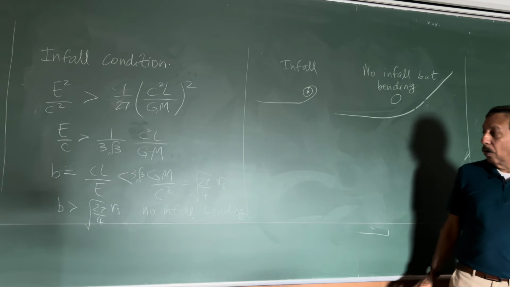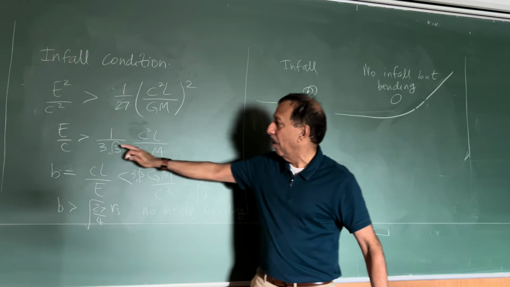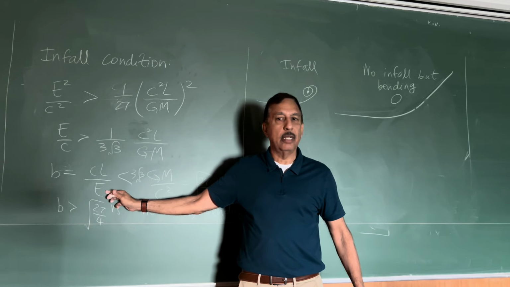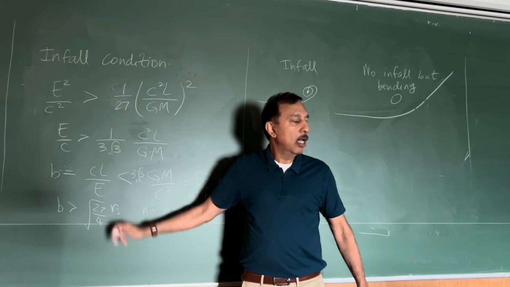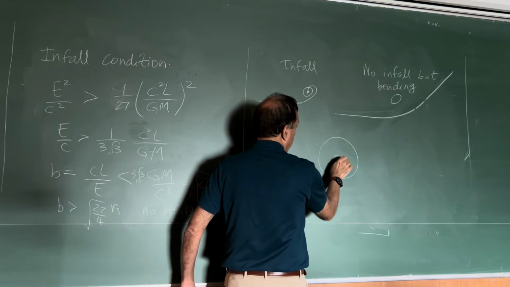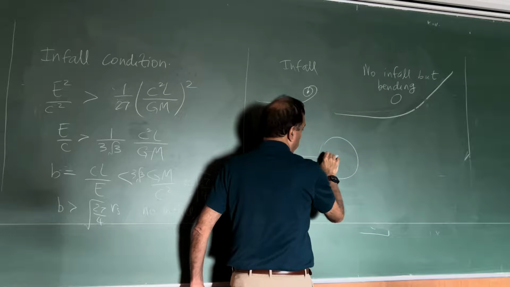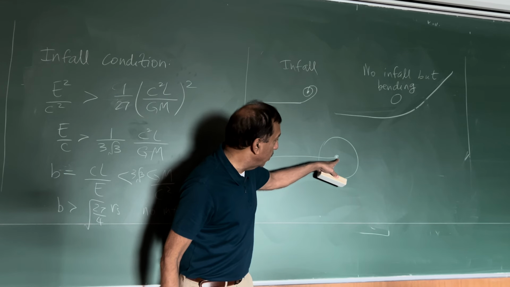It doesn't really depend on L or E. It depends only on the ratio cL by E, which is a quantity with dimensions of distance. So if you want the light to fall into the sun, whose Schwarzschild radius is there, you actually have to send it so that if nothing was happening, it would actually land there.